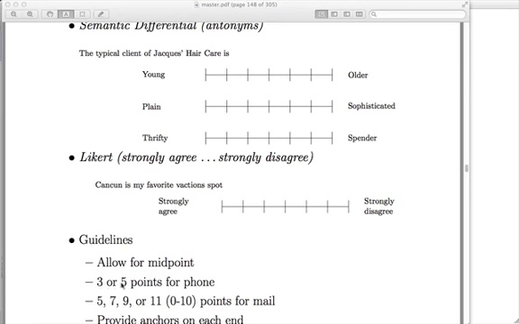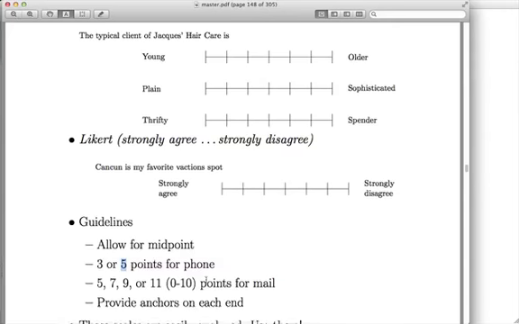So I'd recommend going with 5 and at the very, very minimum 3 if you're going to have to explain those values. Otherwise, if you can just get by with saying, we have a 5-point scale anchored by strongly agree, strongly disagree, then I'd opt for never going for 3.